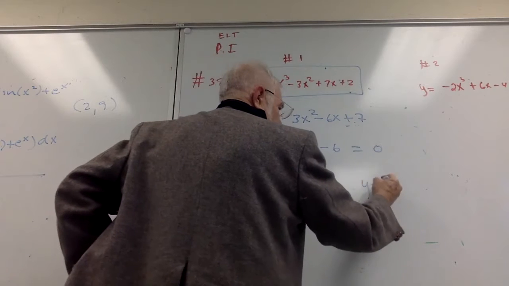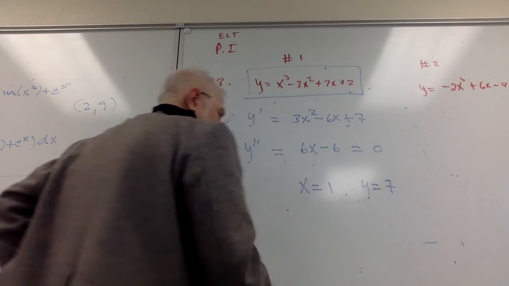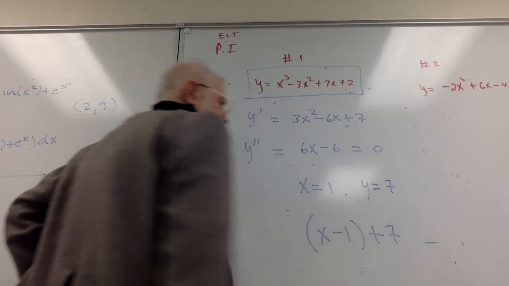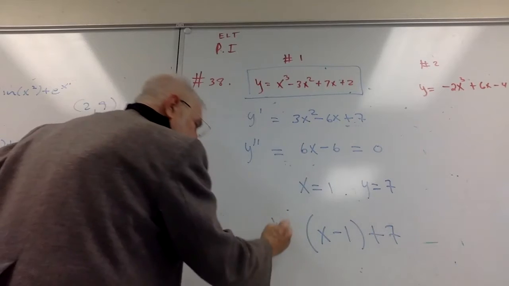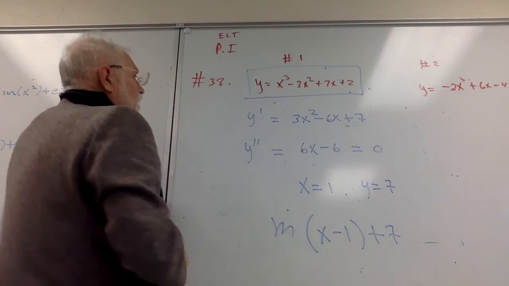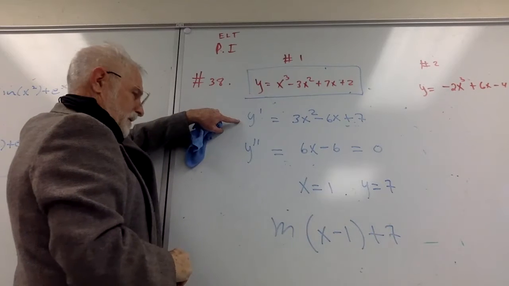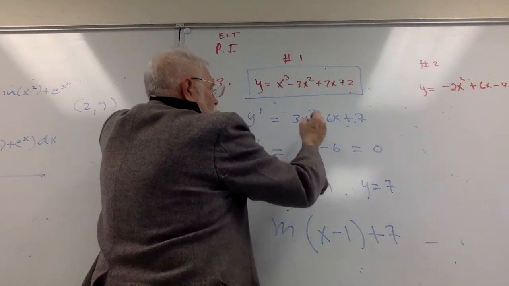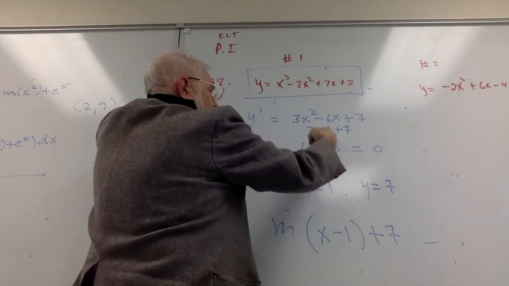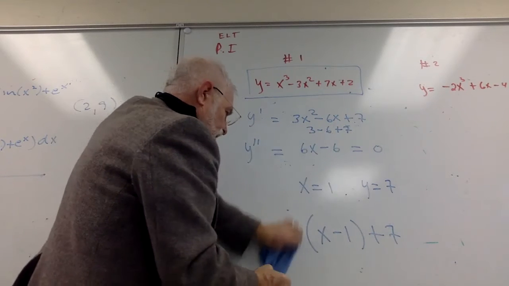A 1 gets me a y value of 7. I now have x minus 1 plus 7. I need the slope of this calculation. That comes from the derivative. If I put 1 in, I get 3 minus 6 plus 7. 10 minus 6 is a slope of 4.